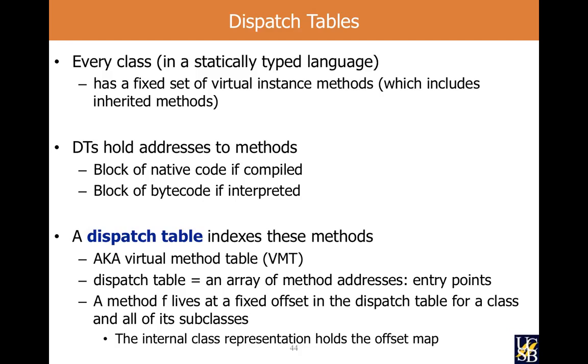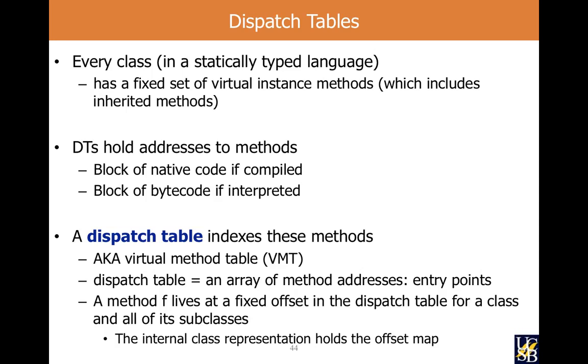The way we're going to do this is referred to as a dynamic dispatch table. These are the addresses of methods that are going to be dynamically dispatched. There are dispatch tables in every object-oriented language that has dynamic dispatch: C++, C#, and Java. We also refer to this table as the virtual method table.